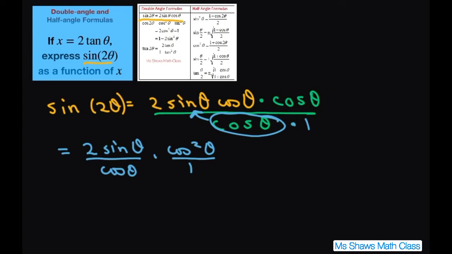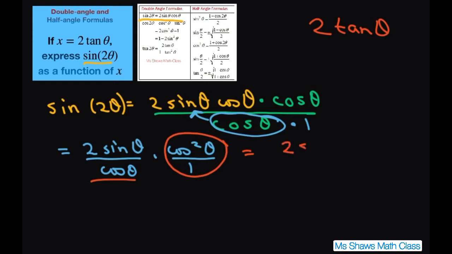The next trick to do is we've got to isolate this right here is 2 tan of theta, which is my goal. But I got to fix this part right here. So how I'm going to write it is I'm going to write 2 sine of theta divided by cosine of theta divided by 1 divided by cosine squared of theta.